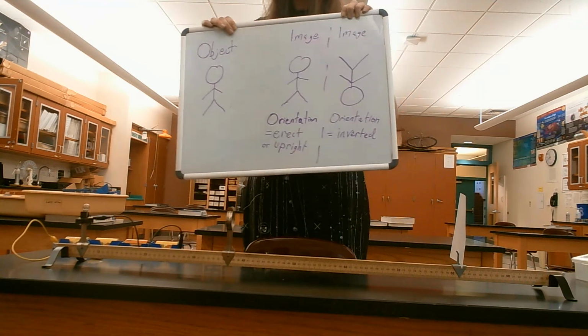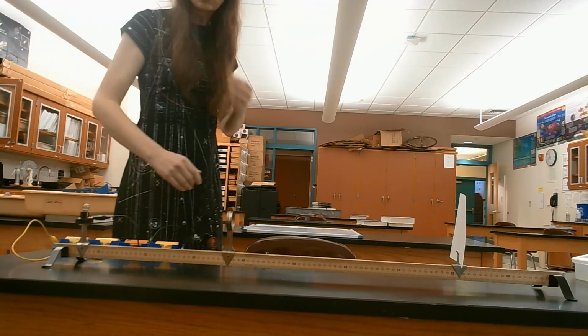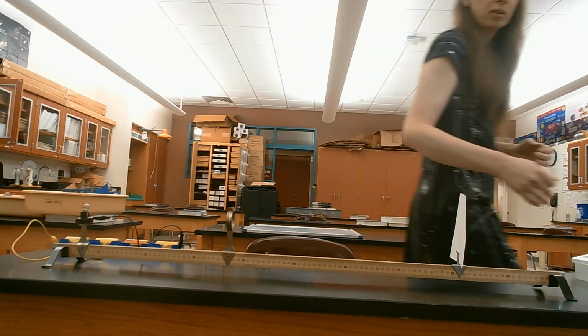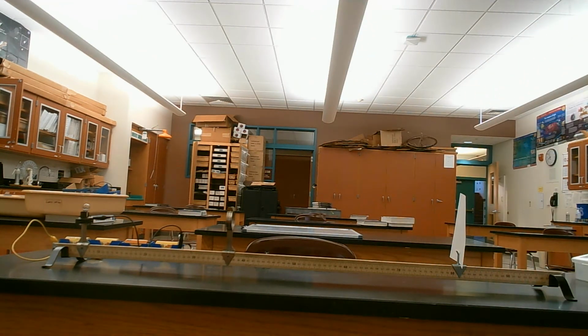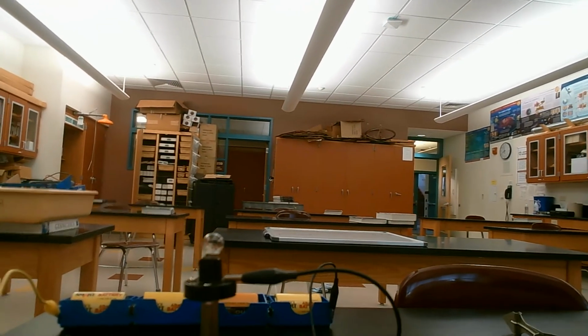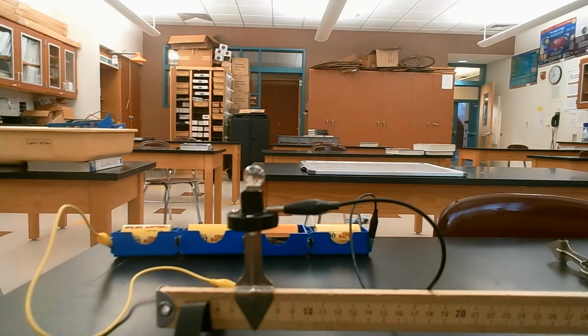So first, let's go ahead and take a closer look at our object while we have our lights on. So I'm going to bring the camera a little closer just so that we can see the light bulb up close and what it looks like.